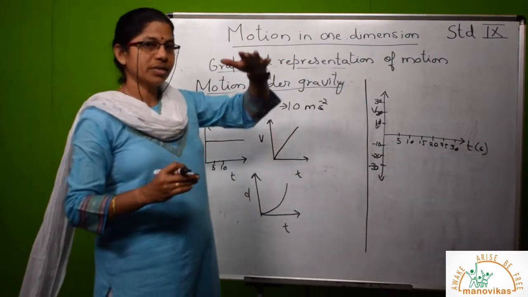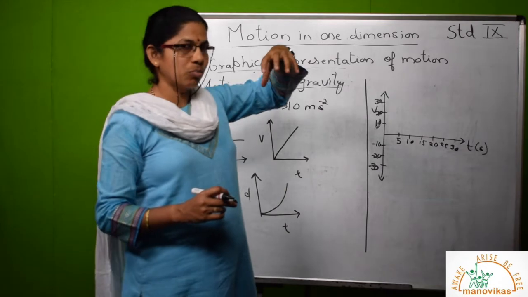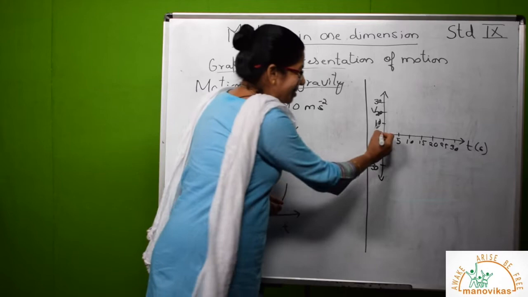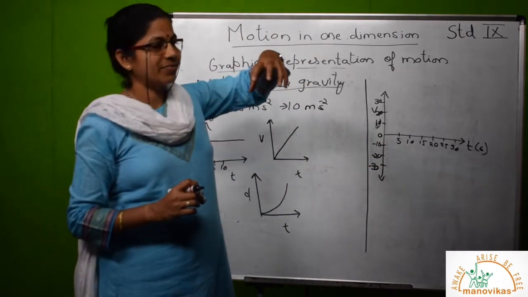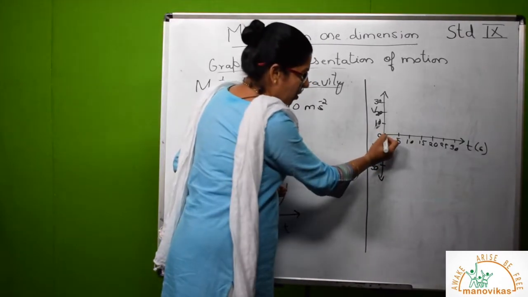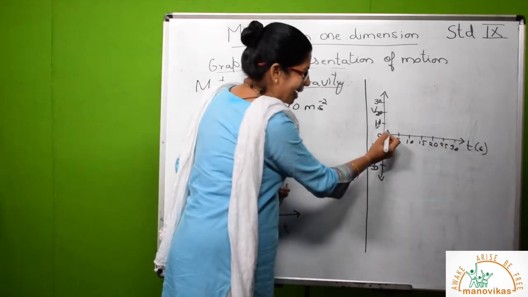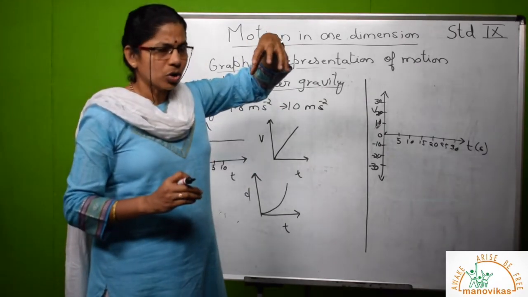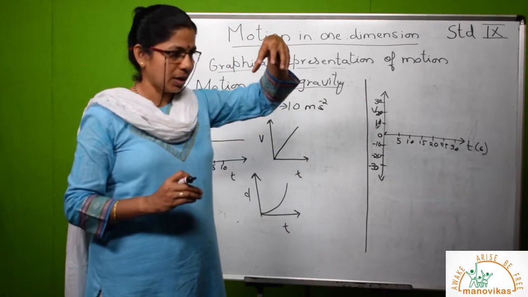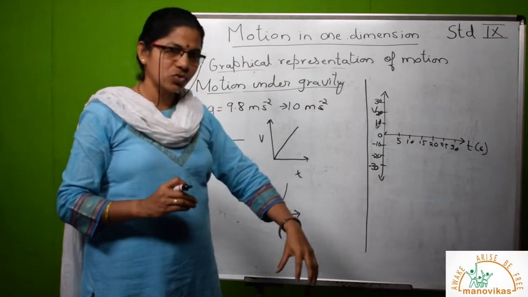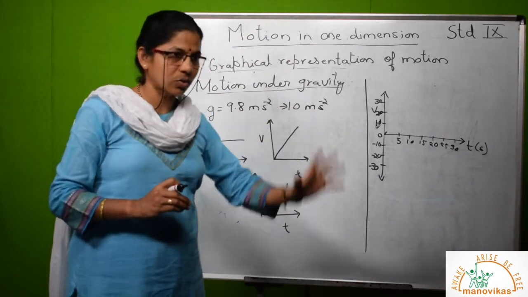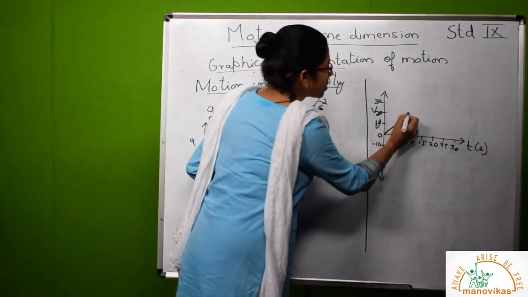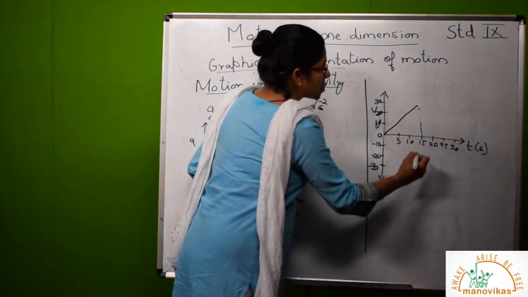When an object is released from a height, for example a ball, initially at this point it is 0, so the object will not have any velocity. So you have to start the velocity line from here. As you release the ball, as it is hitting the ground, it will move with increasing velocity. The moment it touches the ground, it will hit with maximum velocity. So you're going to get a line like this.